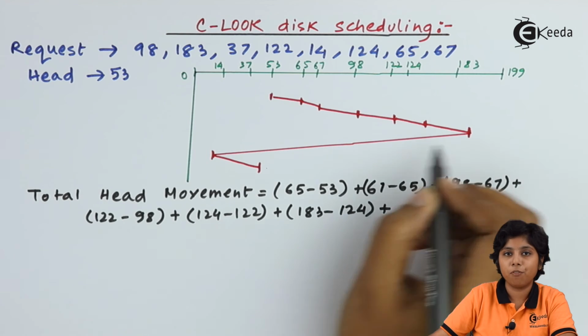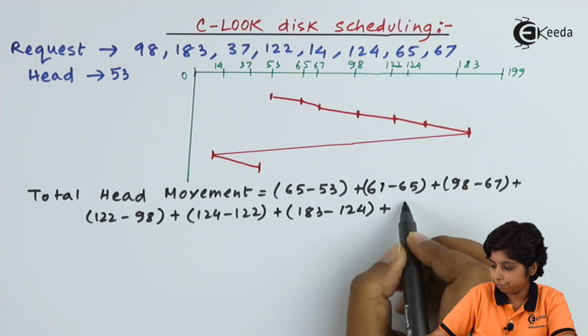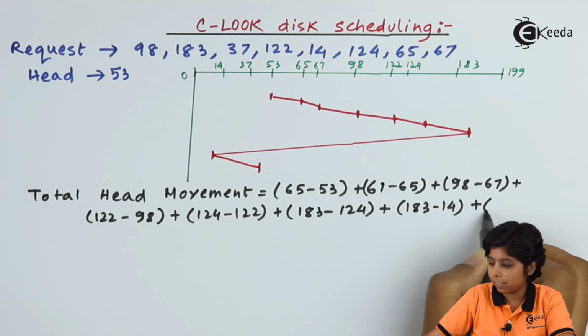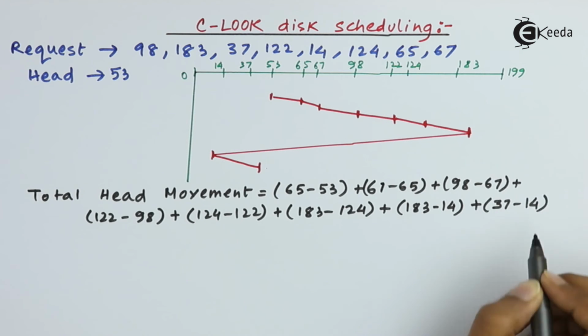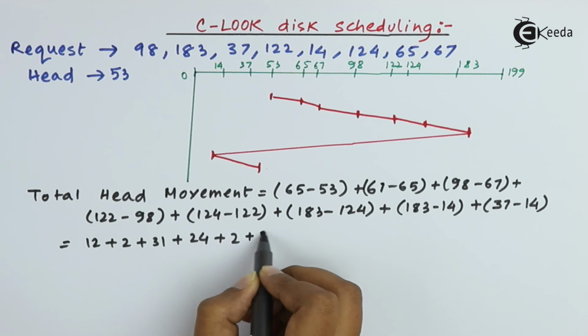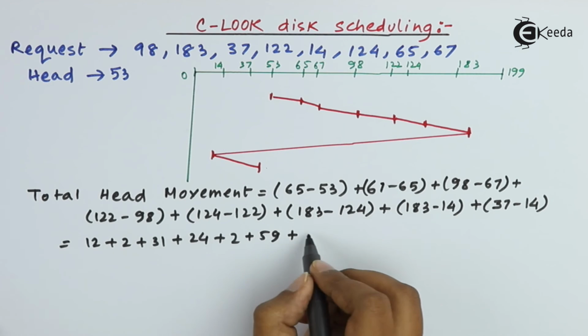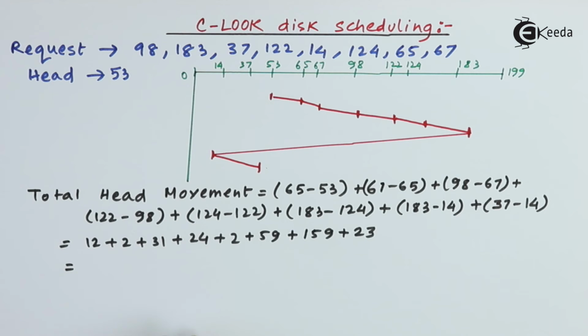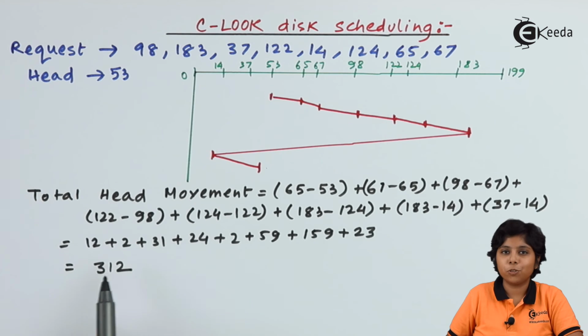Now it is going from 183 to 14. And finally 37. So the total head movement here is 312.